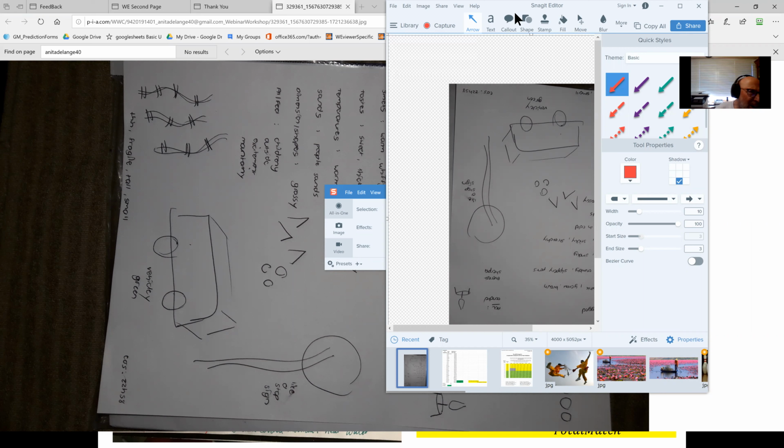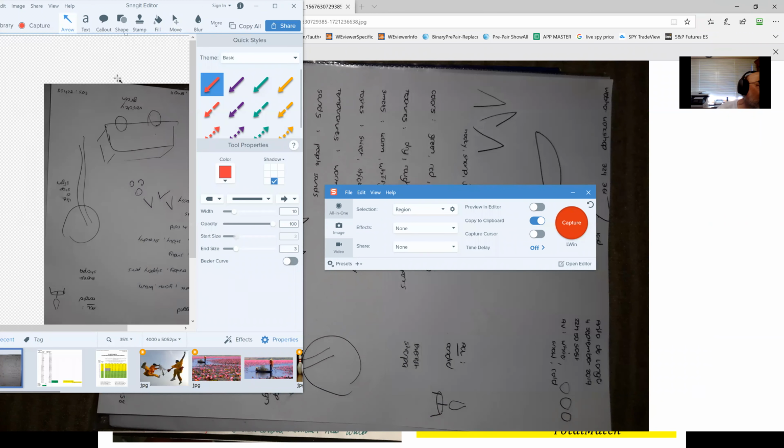God, that looks upside down still. That is upside down. Ah.